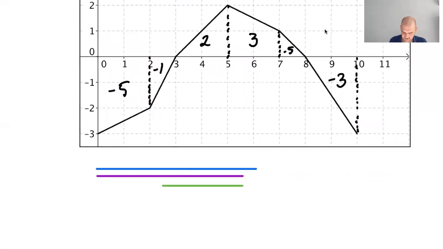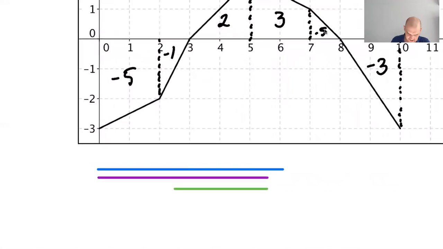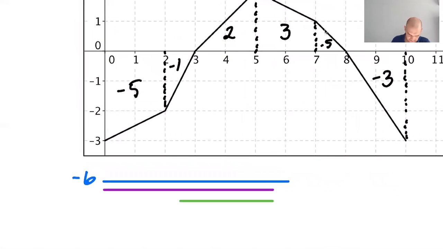I think our total displacement is going to be, I don't know, to the left. That was not easy. Hold on, let me do this. Let's say this is negative 6, and then this one was 5.5, and then this one is negative 3.